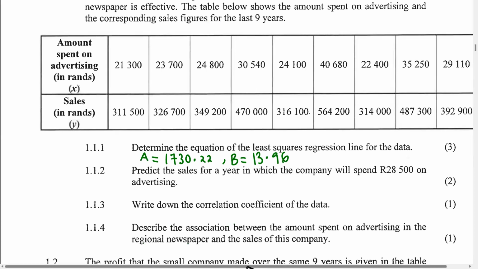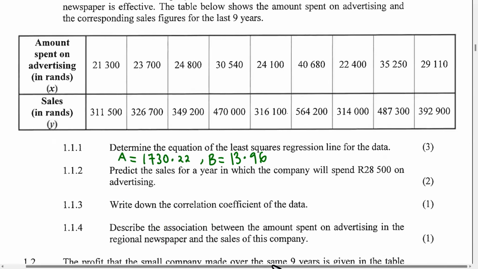We have got already the A and the B. So the least squares regression line that the examiner wants is Y hat, and the Y hat is actually A plus BX.